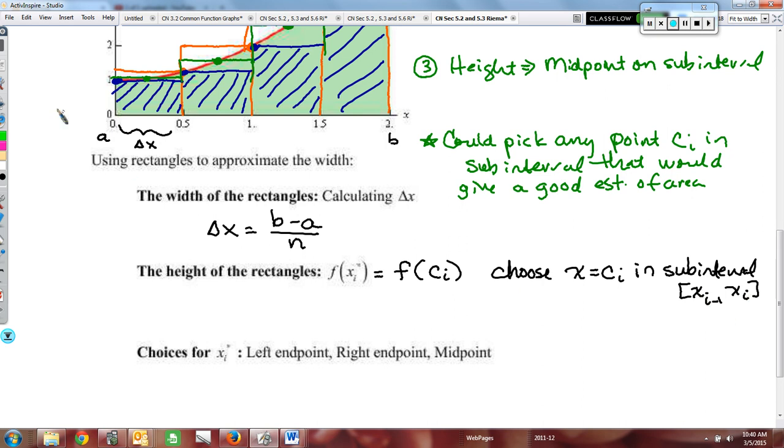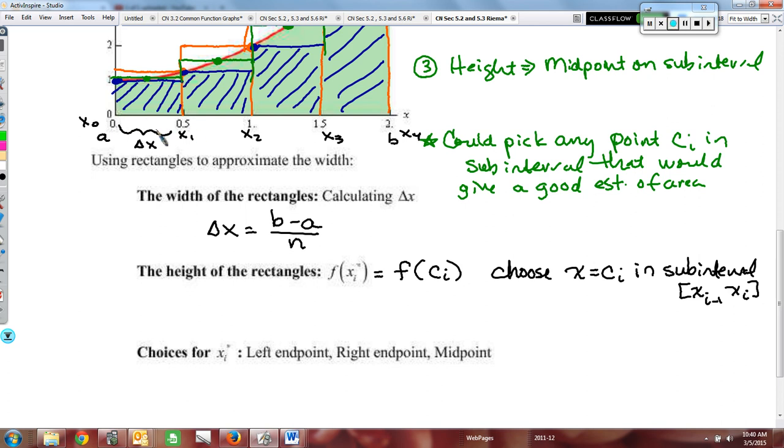If you consider this to be x0, that would be x1, this would be x2, that would be x3, that would be x4. So you're going to choose some point in the interval from which you're going to get your height. And your choices that we had is we chose the left for 1, I chose the midpoint for 1, I chose a right endpoint for 1.